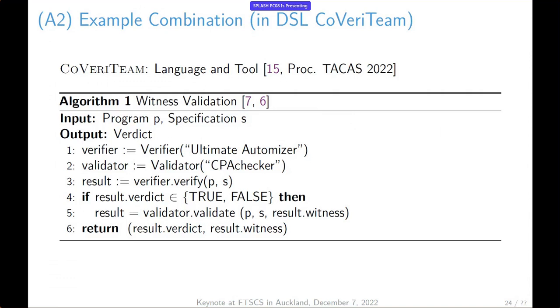And then we create a validator, let's say take CPAchecker. So this variable is of type validator, and then we can compute a result, verifier.verify. And then we have the result. And if the verdict of the result is true or false, then we validate it. So we start the validator to validate the same program, same specification with this witness. And then we return the result and the witness in the end.